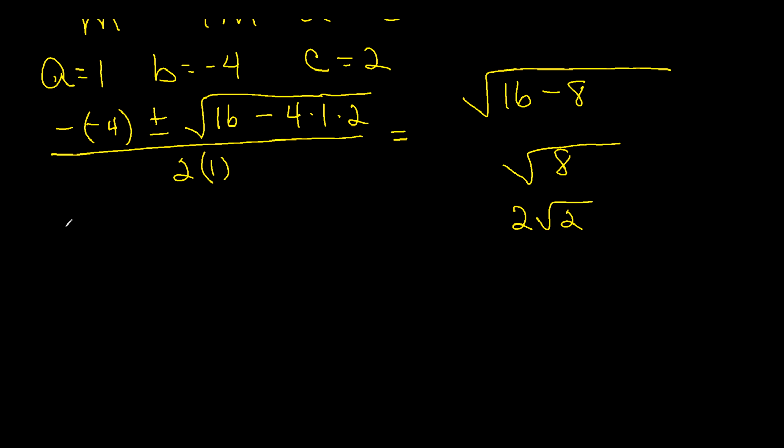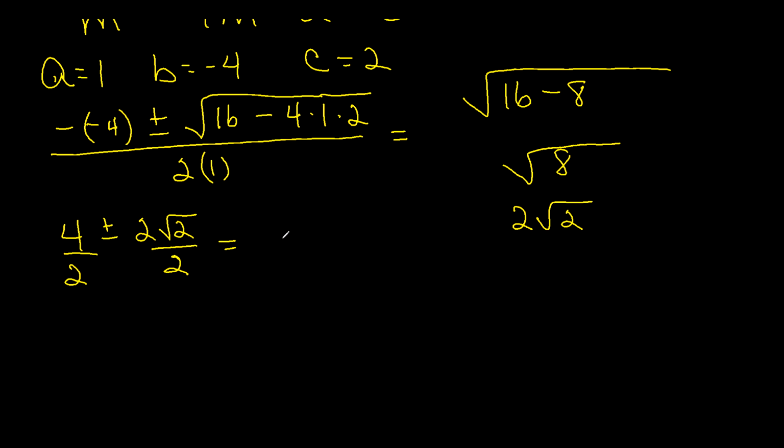So now I'm going to have 4, negative negative 4, negative 1 times negative 4 is 4, plus or minus 2 root 2, and that's over 2. So this time I'll do it like so. I'll write 2 under the 4 and 2 under the 2 because I got some simplifying to do.